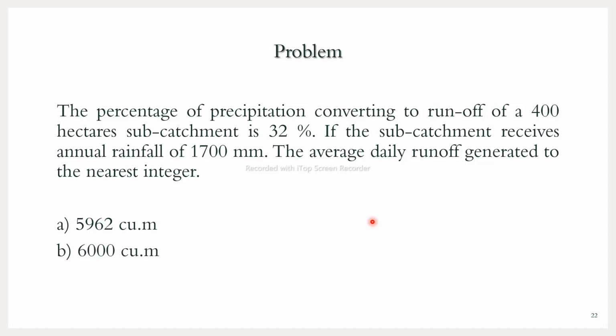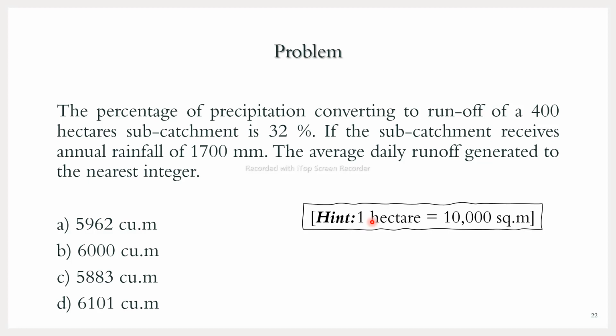So here are the options. Option A, 5962 cubic meter, option B, 6000 cubic meter, option C, 5883 cubic meter, and option D is 6101 cubic meter. So I'll wait for 2 minutes for you to solve the problem. And here is one hint: 1 hectare equals 10,000 square meter. This you can use. I believe it is 1,000 or 10,000, I think. Also forgot.